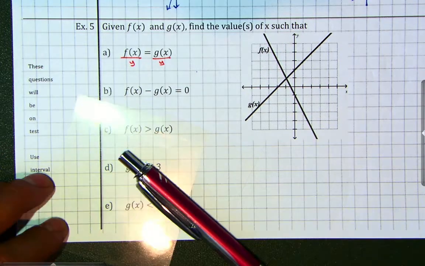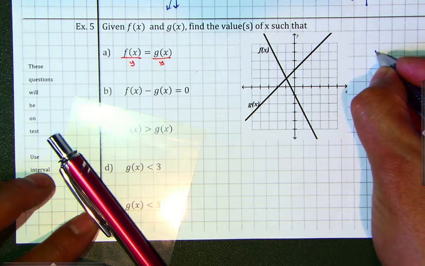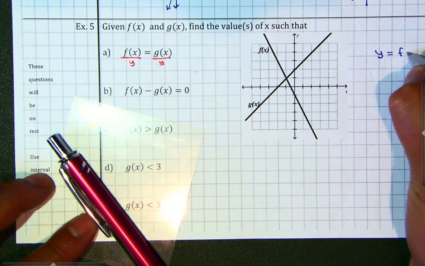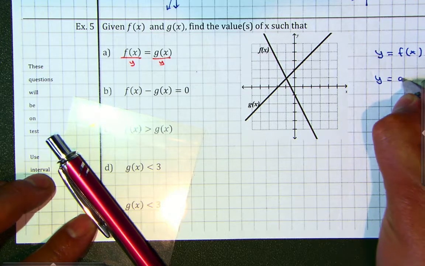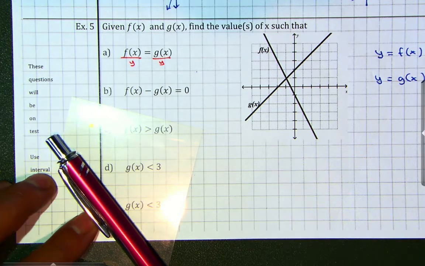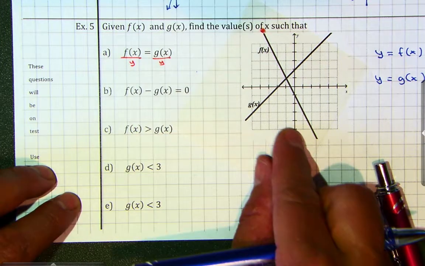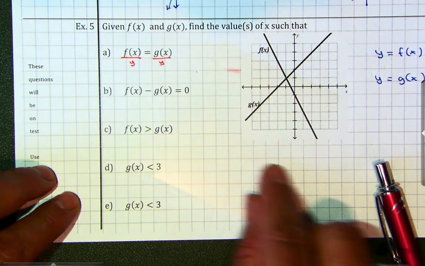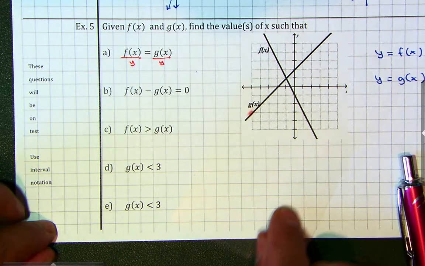And that's why many times you will see this notation on your SATs and in the textbook: y equals f of x and y equals g of x. But you need to understand that f of x is your y values for the f function, and g of x are the y values for the g function. And when you connect all of them, you get the graphs.